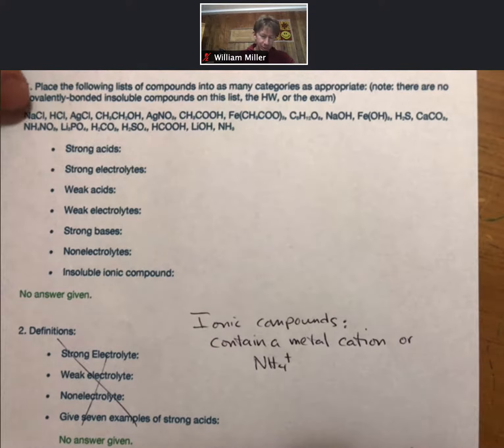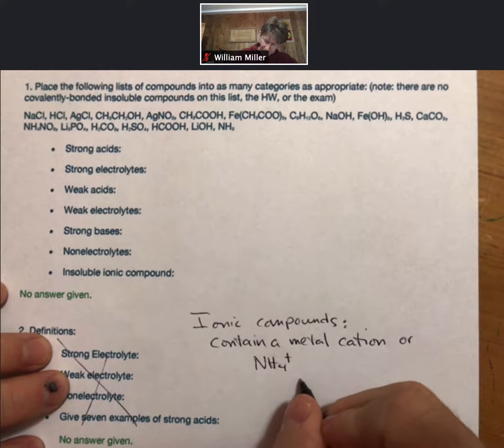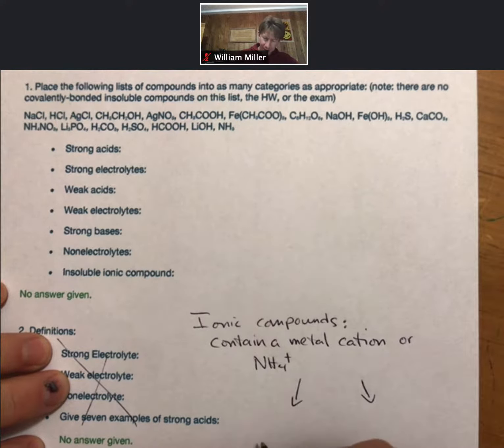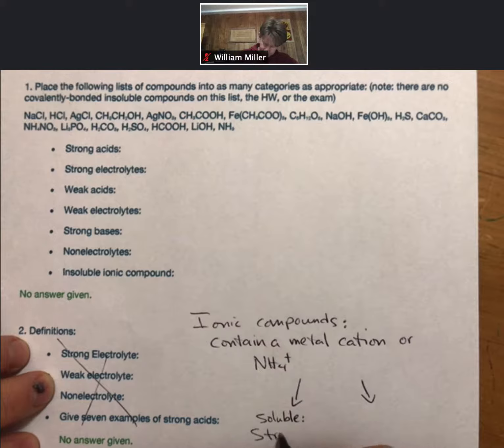So you can go through and say sodium chloride, that is an ionic compound. And ionic compounds only have two choices. They can be soluble, in which case they are strong electrolytes, and they break up 100% into ions.